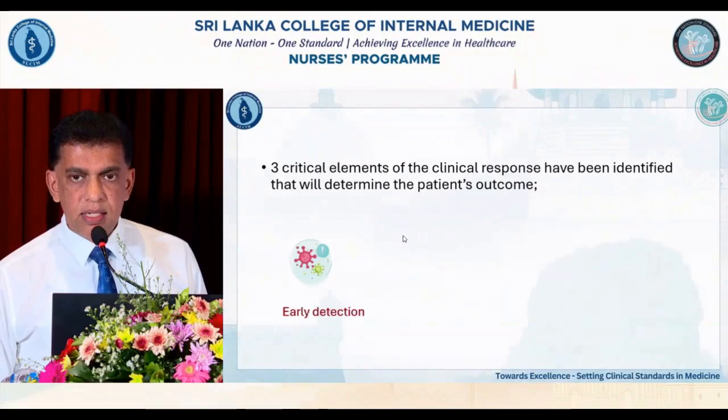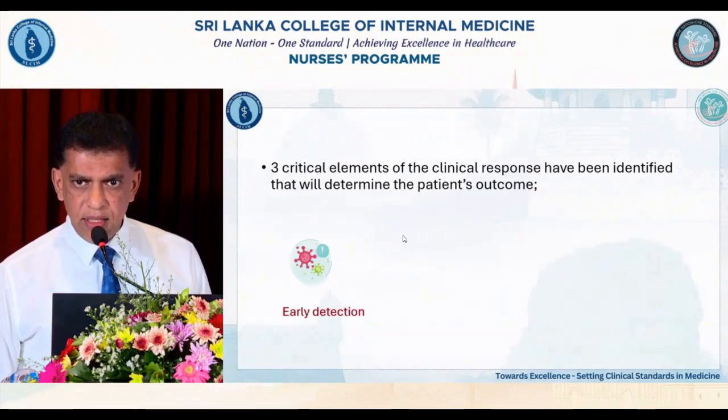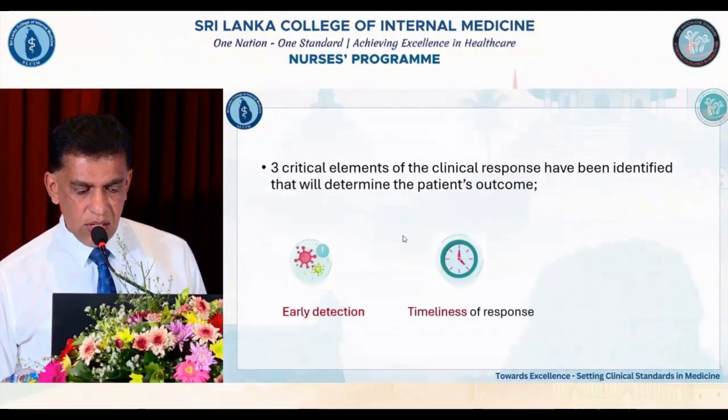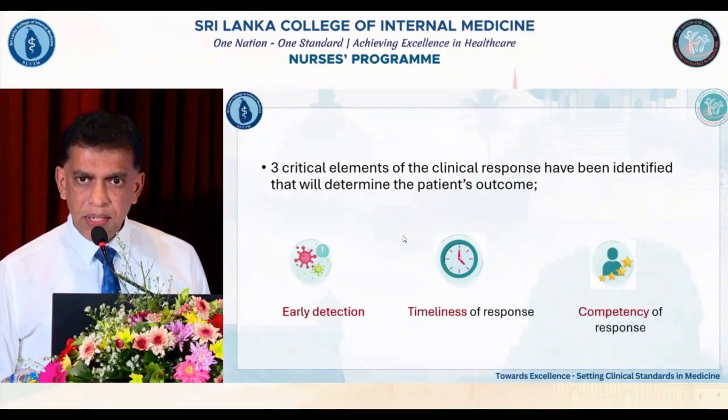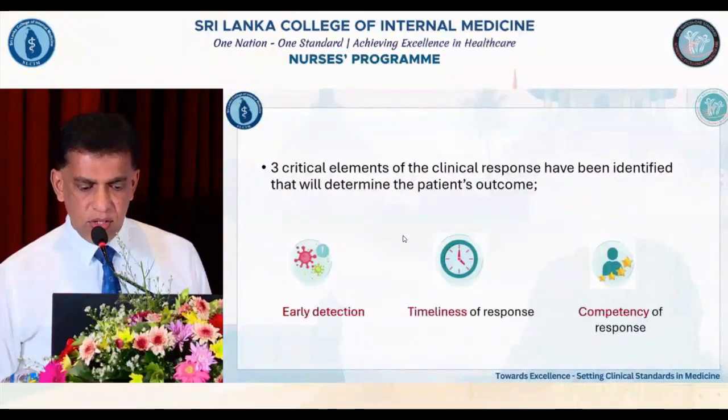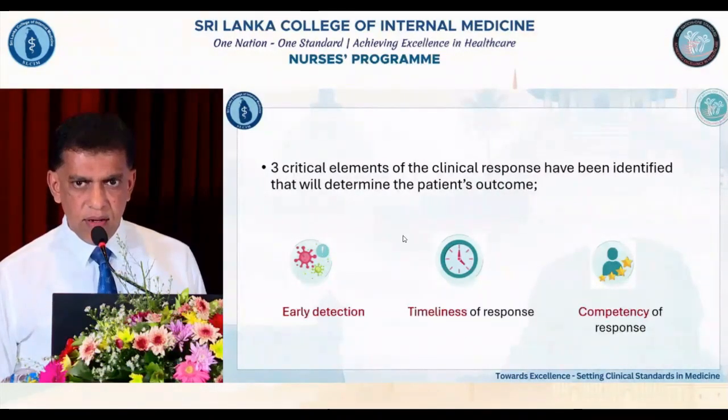Number 1 is early detection. So how do you detect them early? One way is to apply monitoring charts to these patients. Then the timeliness of response, how quickly you act upon them, and how competent the responding team is. These are the 3 factors that will make the outcome different in a critically ill patient.